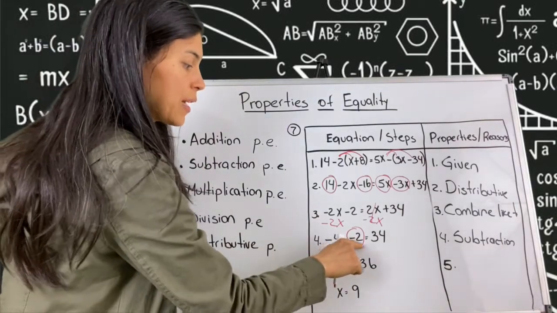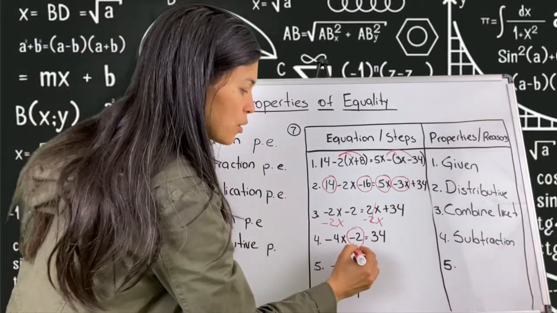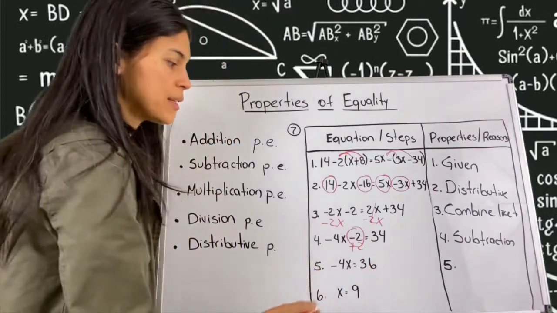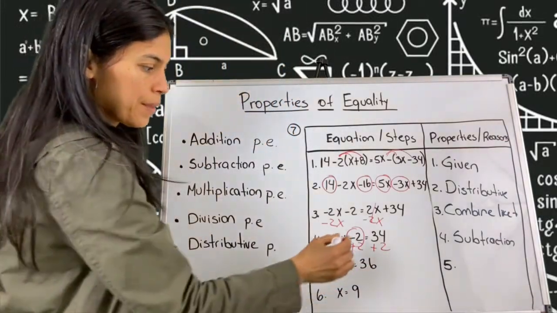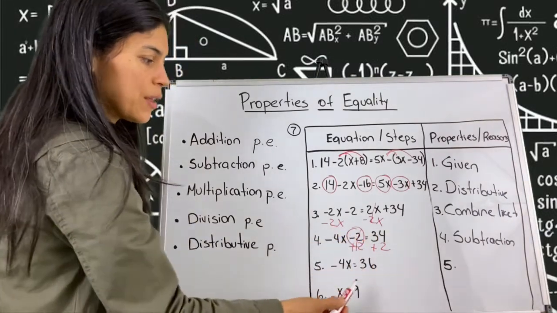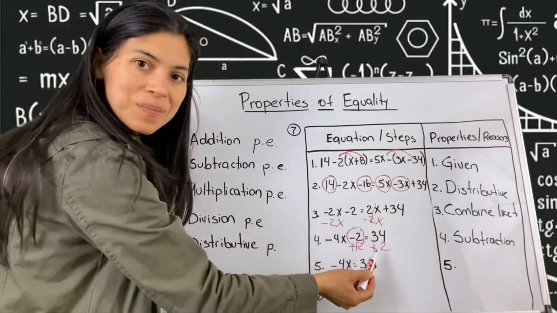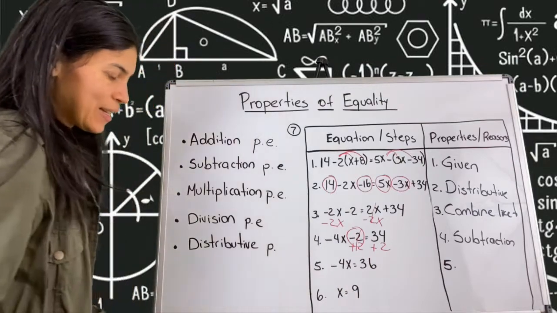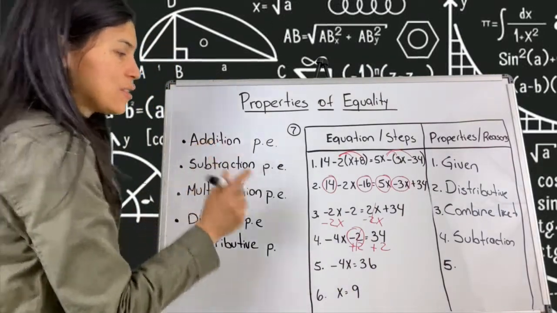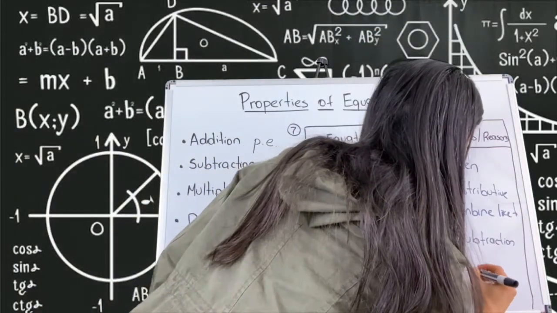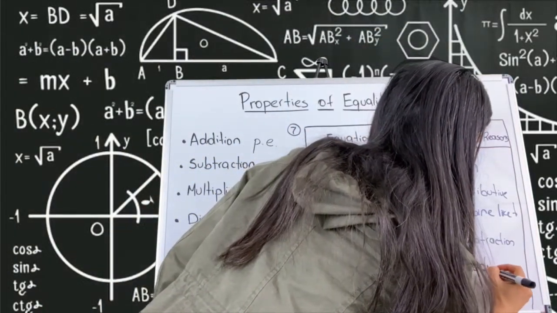The inverse of negative 2 is they must have added 2 to make it 0, and they should have done that on both sides. That way these 2 cancel each other, and 34 plus 2 is 36. So they used the addition property of equality.